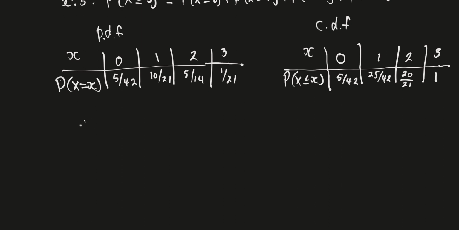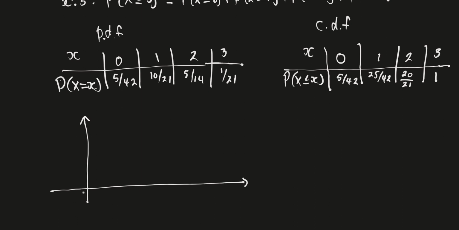Well, what you do, and this is why switching to numbers is so helpful, because there are lots of things we can do with numbers, and this is one of them. So one way to represent the PDF is to, on your number line, on your horizontal axis, indicate the possible values.